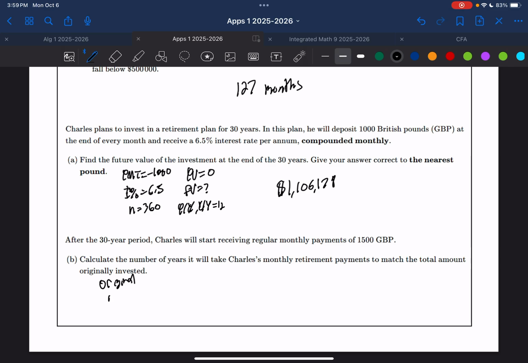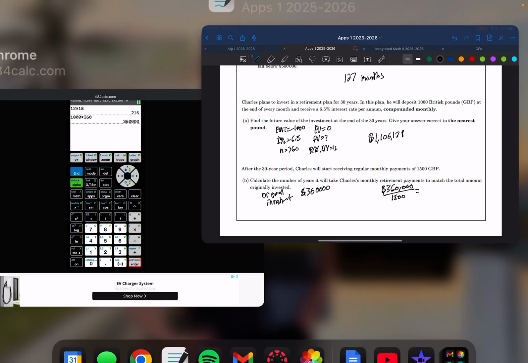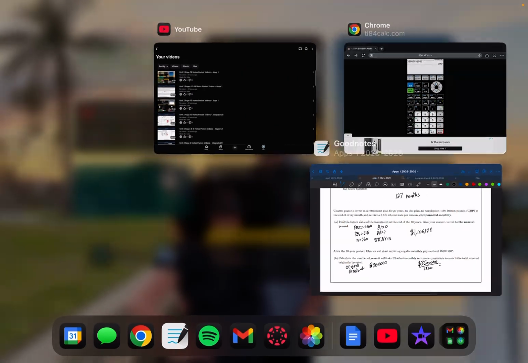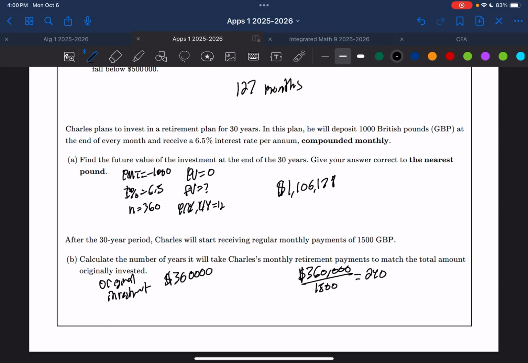If he's drawing that down at a rate of 1,500 per month, then 360,000 divided by 1,500 is 240. So that is 20 years.